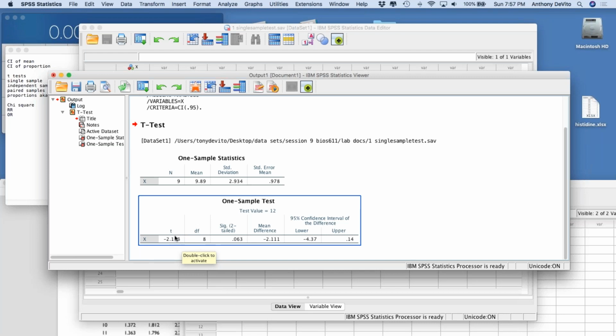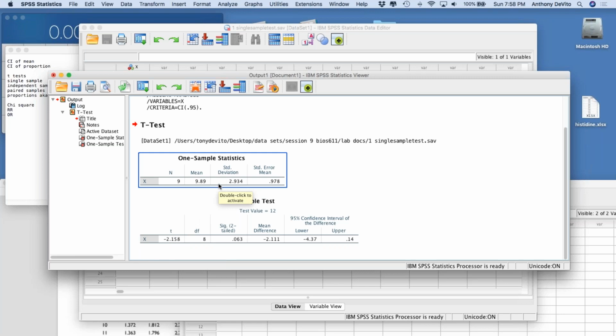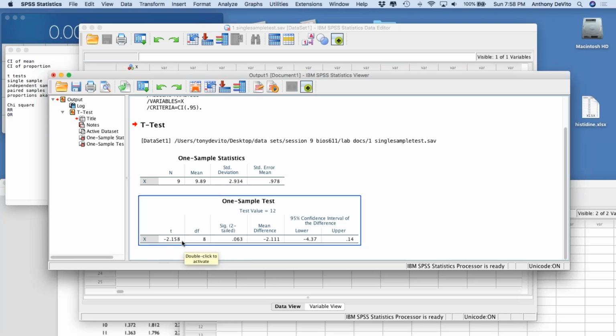So it doesn't look to me like we've exceeded the critical value of t when we compared our sample result, which was 9.89, to our known mean of 12. Doesn't look like that is quite big enough. And in fact, if we go across here, the two-tailed significance, that's the p-value. The p-value is the probability you would be wrong if you reject the null hypothesis.